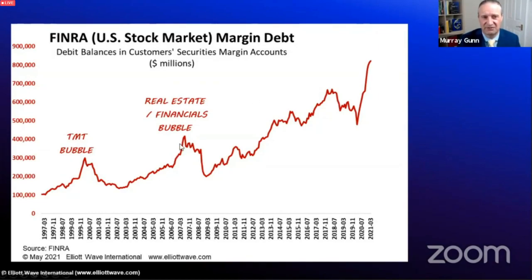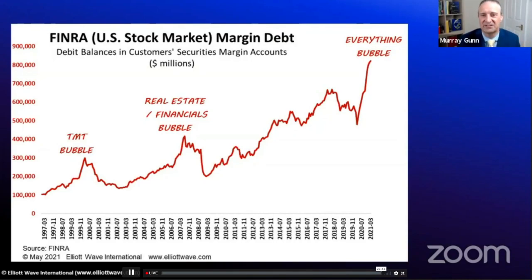Then we had another huge increase in margin debt in the real estate and the financials bubble into 2006, 2007. And since 2009, look at the amazing increase in margin debt. And of course, this is the everything bubble. Stocks are up, interest rates are at their lowest, credit spreads, corporate bonds are zooming as well. So this tells us that there's a huge risk in the markets, that there is a fall coming, just like we had on previous occasions.